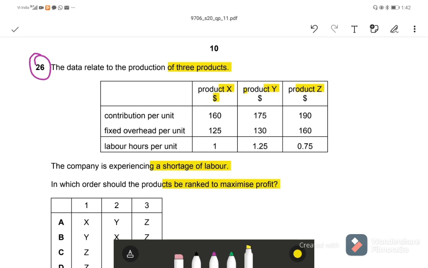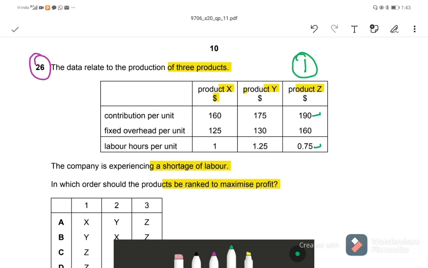we can check. Product Z has a high contribution and requires fewer labor hours. So we can give the first ranking to product Z. Next, product Y brings a contribution of 175.